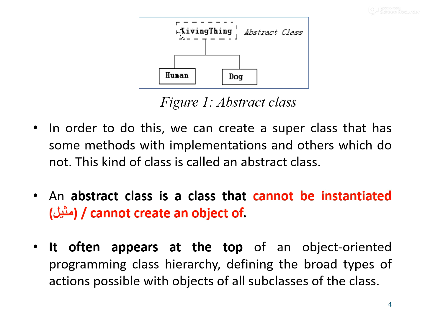So, for example, up here we have an abstract class living thing, and if it has two subclasses, human and dog, you could create an object of class human, you could create an object of class dog, but you cannot create an object of class living thing because it is abstract.